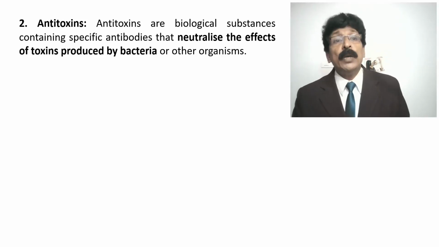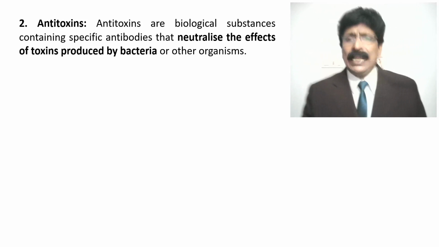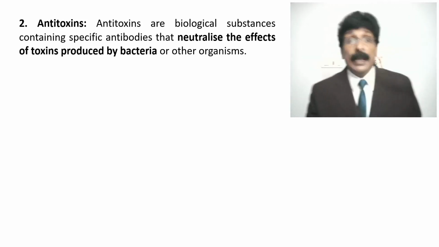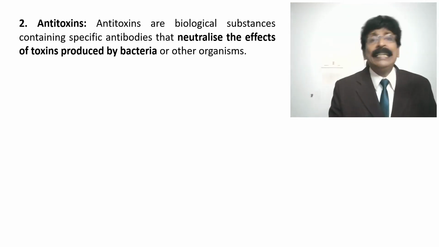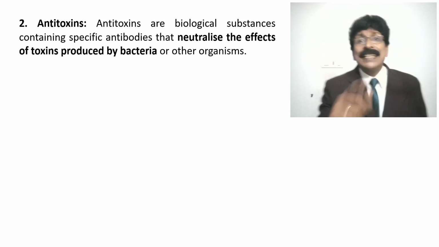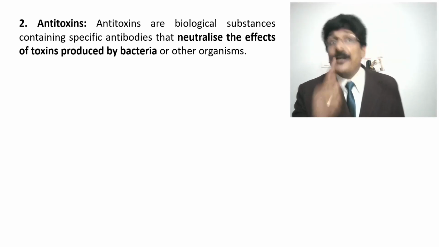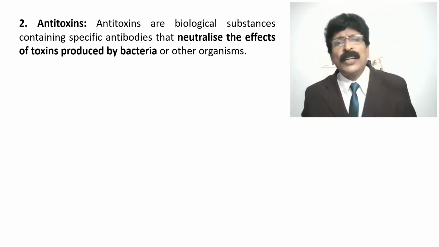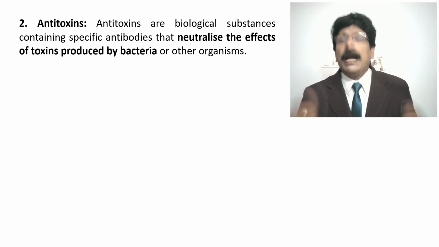Number 2, antitoxins, as we know from tetanus toxoid TT, which has been present for decades. Antitoxins are biological substances containing specific antibodies that neutralize the effect of the toxin produced by bacteria or other organisms.